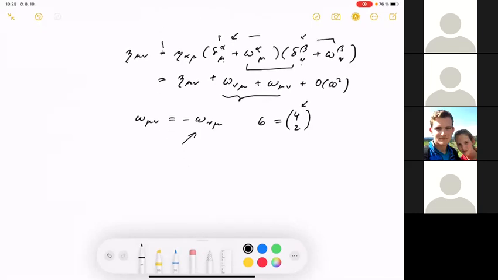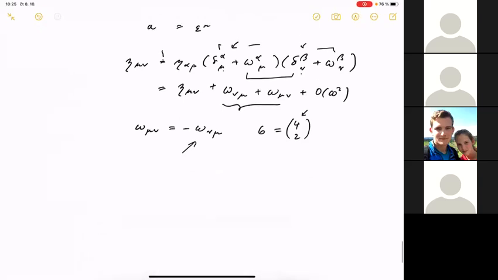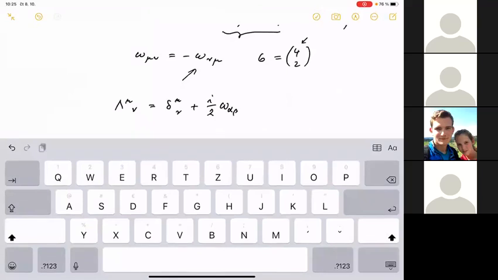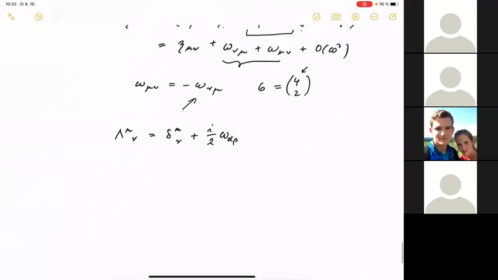Note that the infinitesimal Lorentz transformation lambda mu nu can be expressed also in a little bit different form. I will write it first and then I will explain the symbols here. This infinitesimal term will be written as a linear combination of some matrices which are indexed by alpha and beta and have matrix elements indexed by mu and nu.